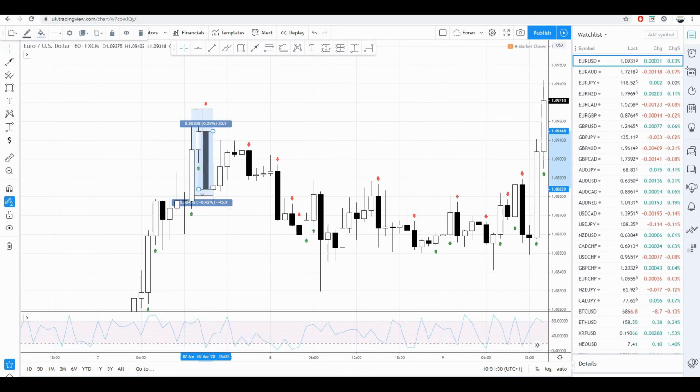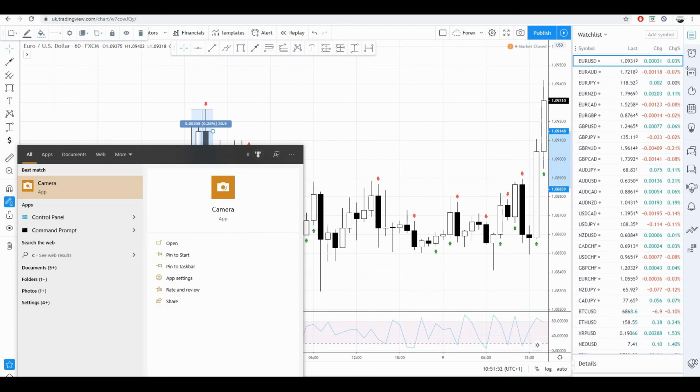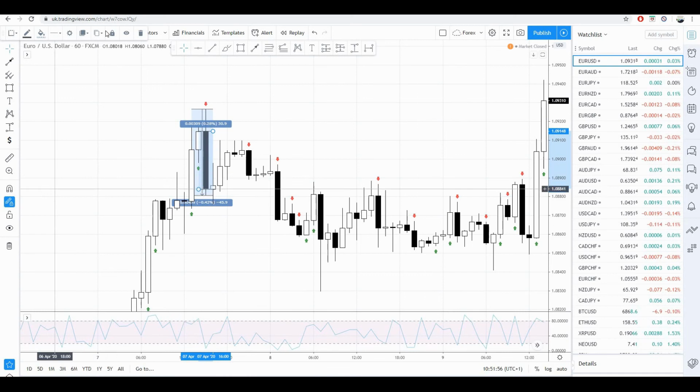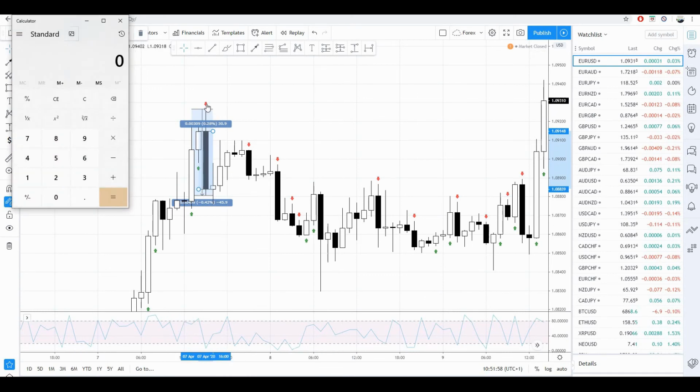So these trend bars, let's do calculator. These trend bar indicators will form once the candle's closed if the body of the candle is greater than 50% of the entire range.